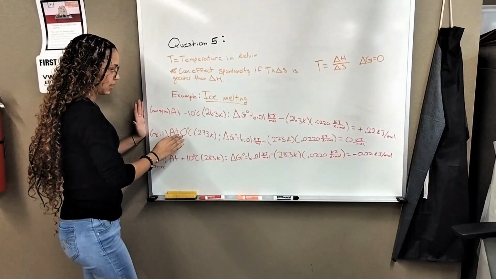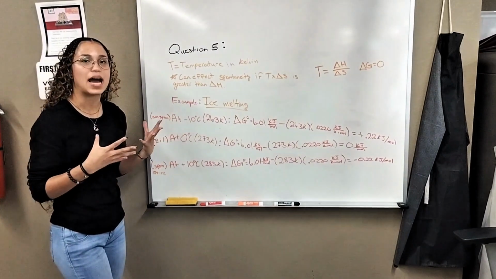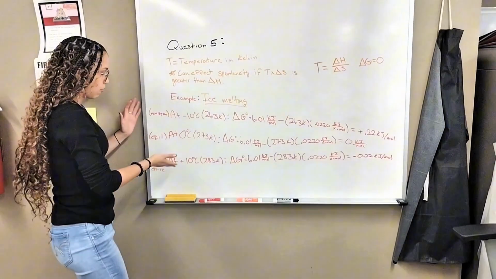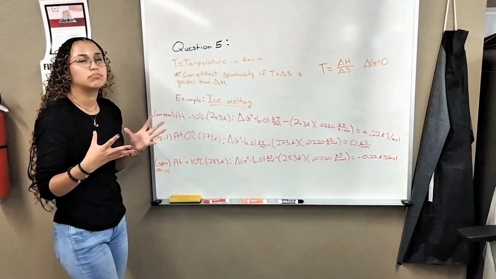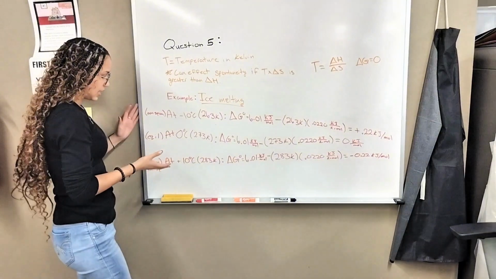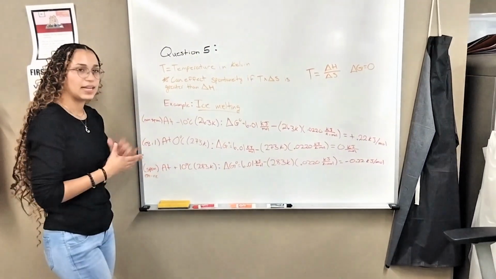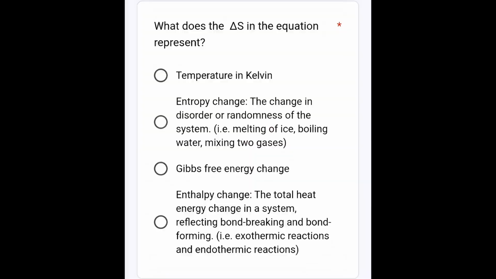When it is at 0 degrees Celsius, it's at equilibrium. Nothing is really happening to the ice, it's just sitting there. Once it's at 10 degrees Celsius, so it's probably mostly water, very warm, it is spontaneous and energy is being released, as you can see by the negative number here.